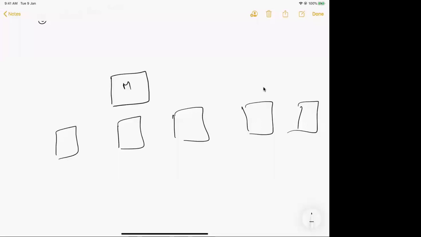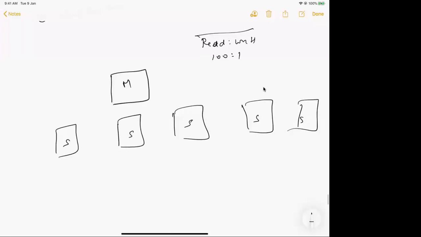Cool. Okay. Now, if there is a master and there are multiple slaves here, one thing that we know is that the read to write ratio is 100:1, right? With this big ratio, do you think that every layer above this layer should only be interacting with the master?